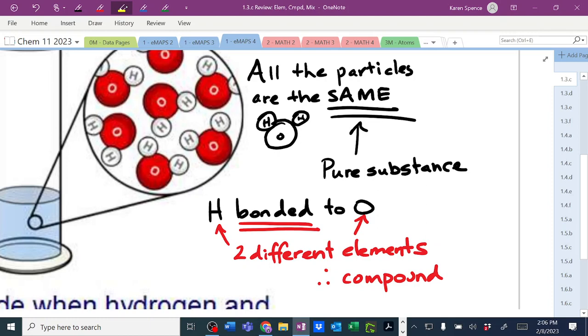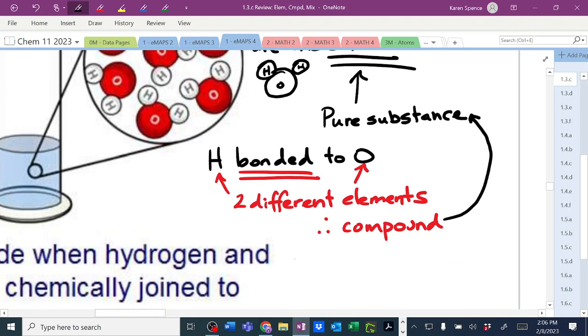So compounds are pure substances. All compounds are pure substances.